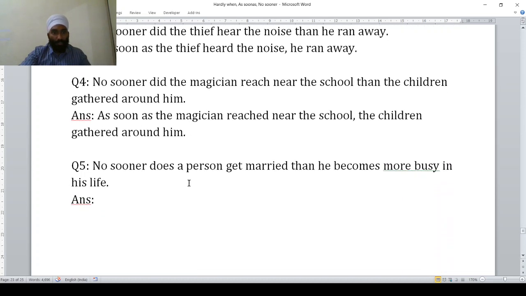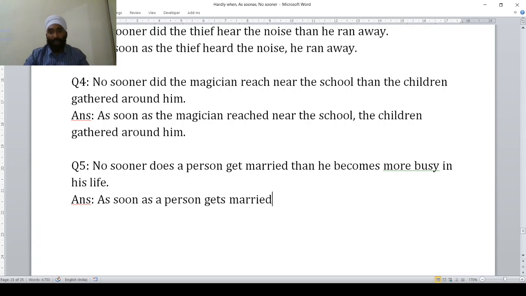The next sentence, the fifth sentence: No sooner does a person get married than he becomes more busy in his life. So it is true about everyone that whenever a person gets married, he becomes very busy in his life. Now, how to convert this sentence? Use as soon as. Here, instead of using does in the beginning, we use the subject. As soon as a person gets married, because this is a simple present tense sentence.